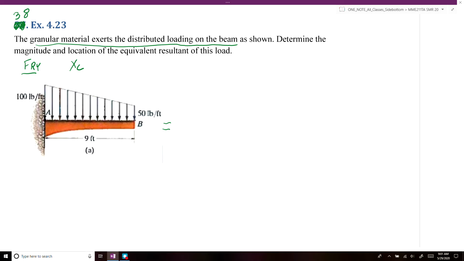So what we can do is treat this problem as being the combination of two simpler problems.